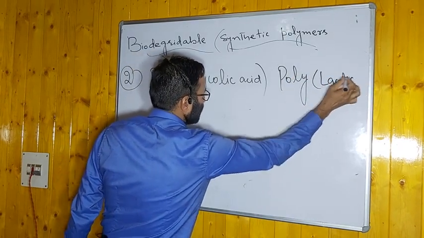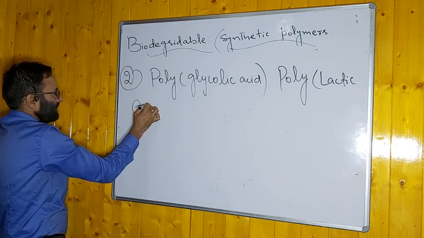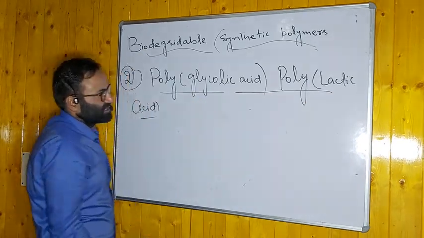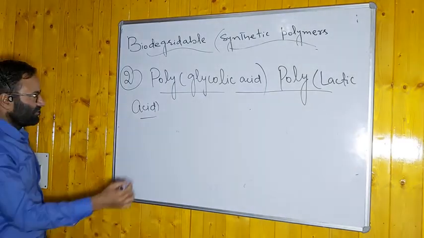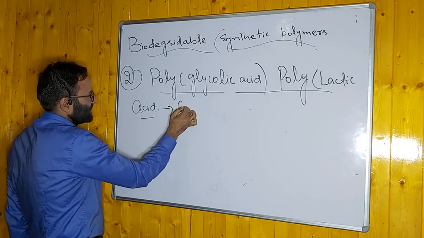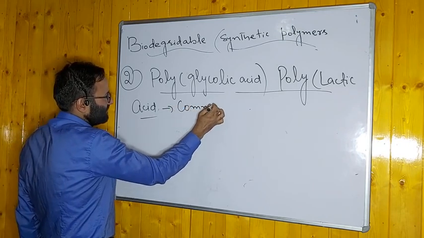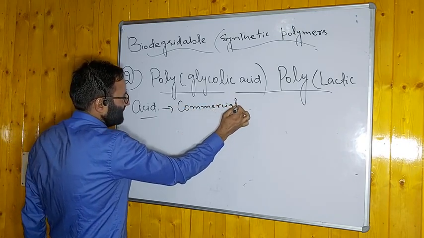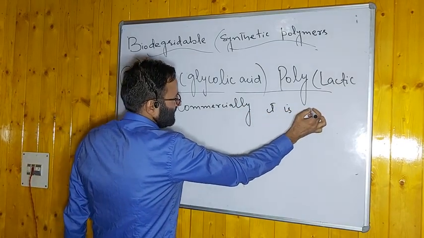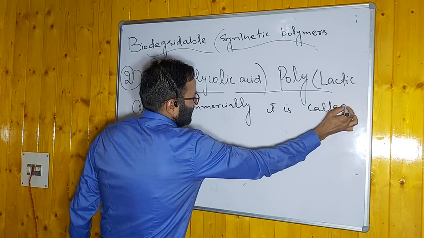Second will be lactic acid. It means that here the two monomeric units are glycolic acid and lactic acid. You can mention commercially, on large scale, it is called dextron.